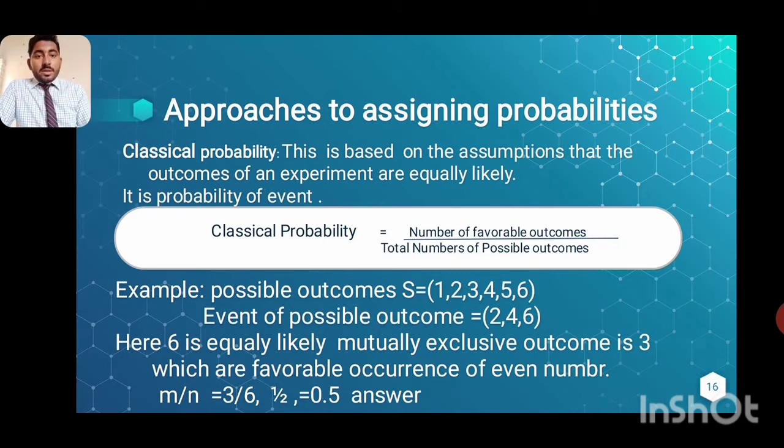So 3 divided by 6 is equal to 1 upon 2, which is 0.5. The number of favorable outcomes is 3 and the total number of possible outcomes is 6. The answer is 0.5.